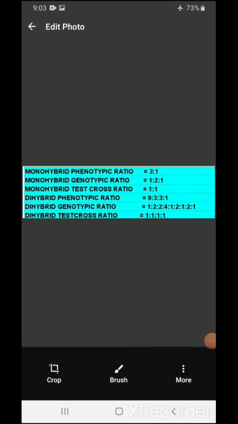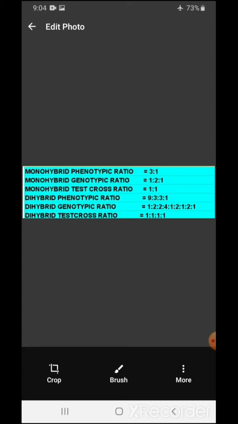Now we are ending with the conclusion. So today we discussed the test cross, back cross, dihybrid cross and dihybrid test cross. We know the monohybrid phenotypic ratio 3:1, monohybrid genotypic ratio 1:2:1, monohybrid test cross ratio 1:1, dihybrid phenotypic ratio 9:3:3:1.